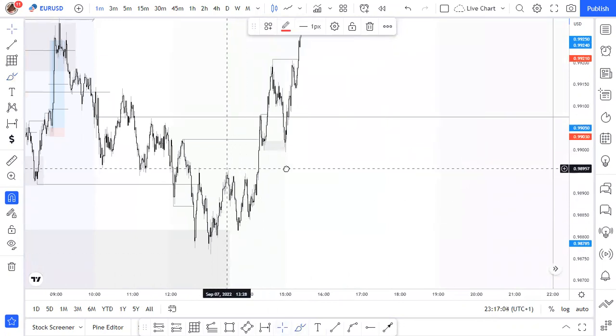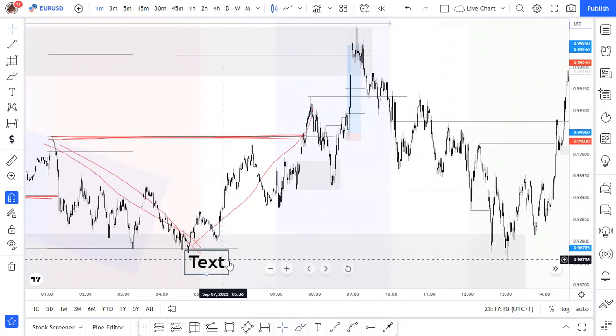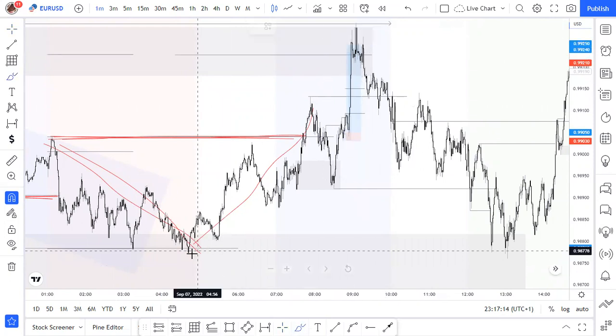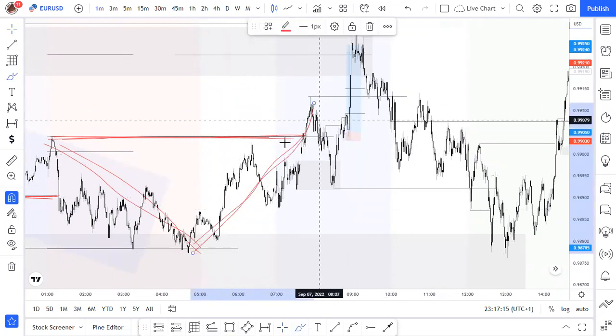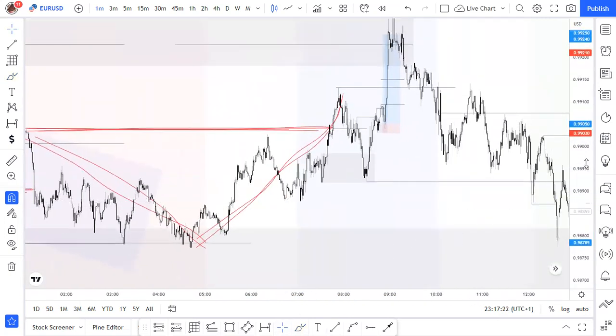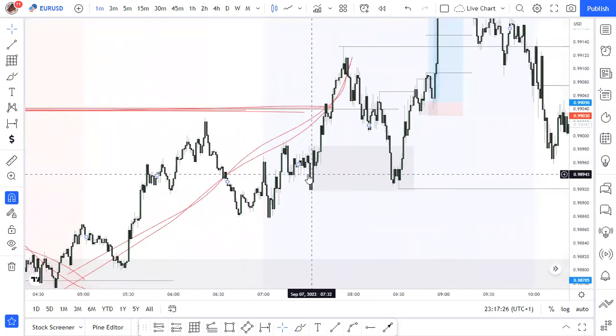So when I had this break construction here, I was basically looking for a zone to look for buys from. I had this zone here.